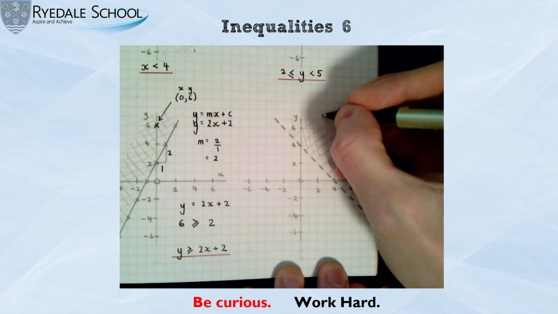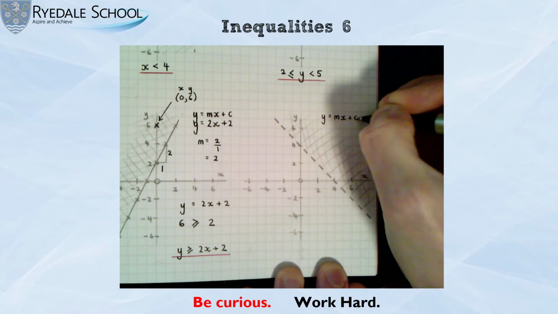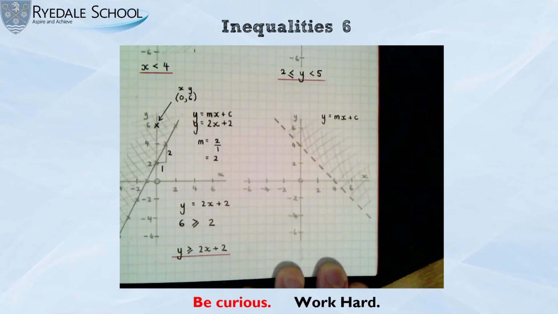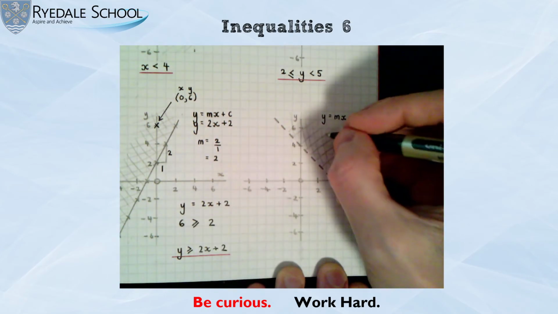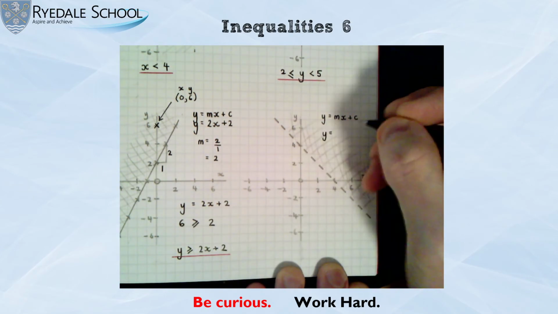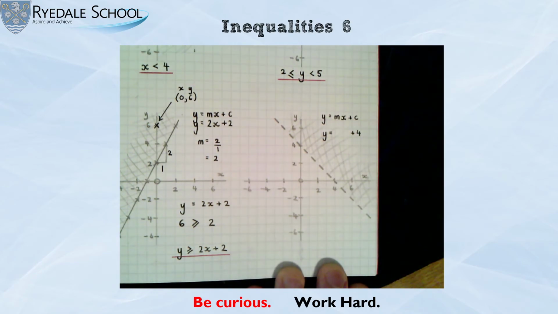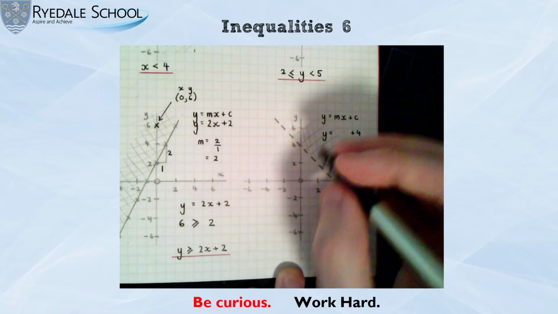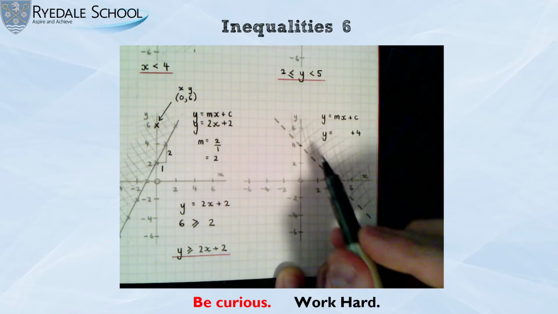So we've got y equals mx plus c. I can see my intercept is 4. So I'm going to put a +4 on the end. I think the sensible 2 points to form my triangle are these 2 points.